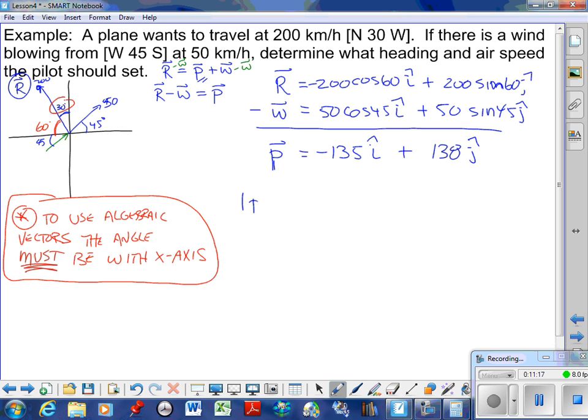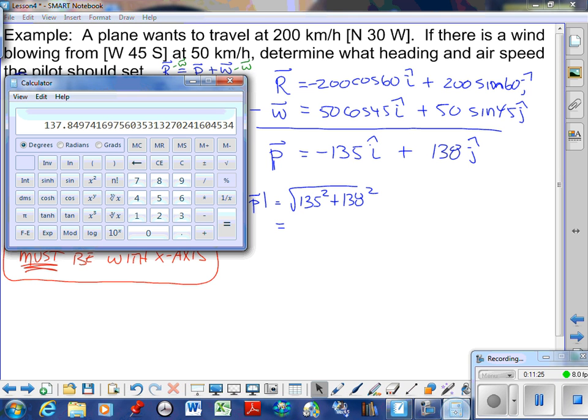So we want to break it down so that the pilot knows exactly the numbers. So 135 squared plus 138 squared, to the exponent 0.5, gives 193.